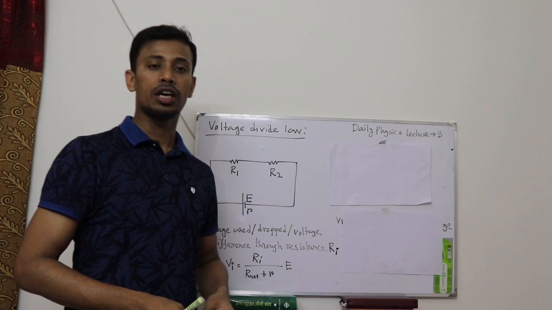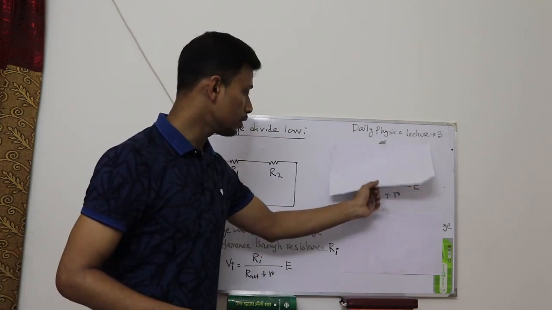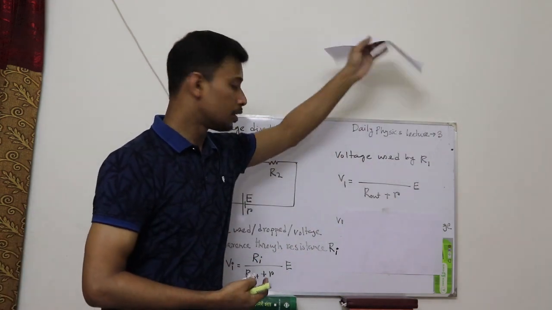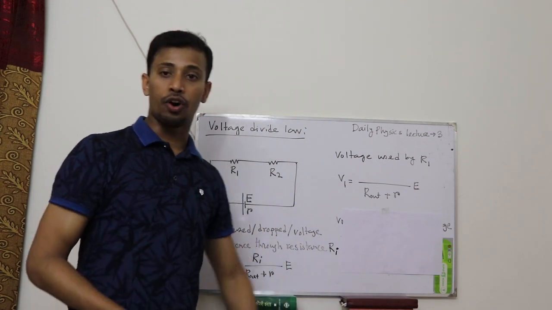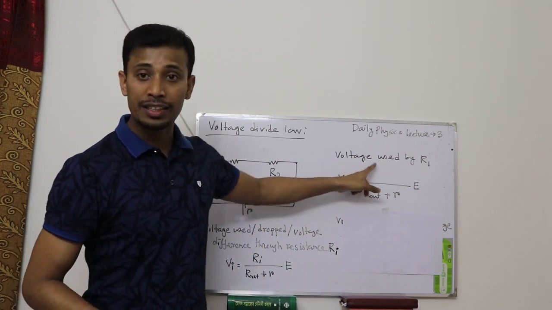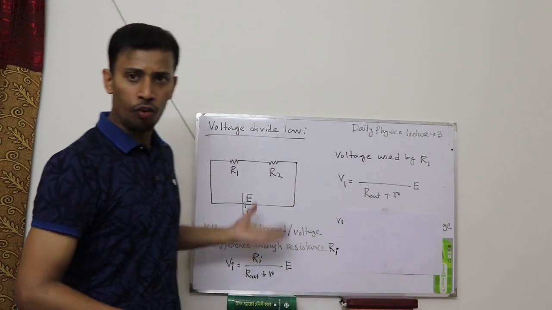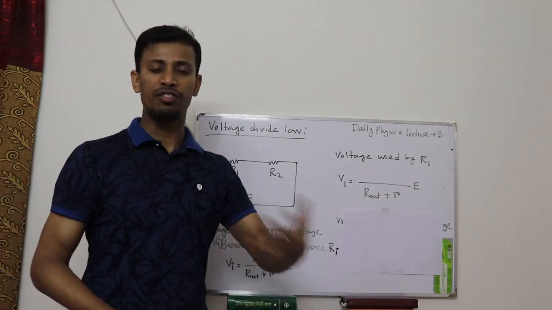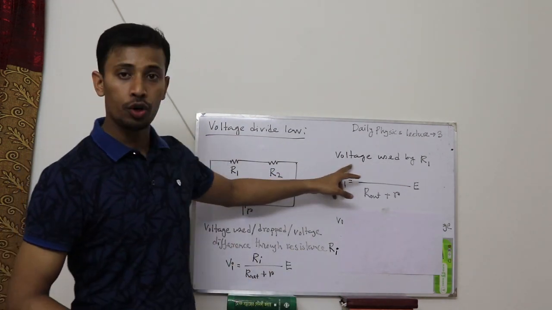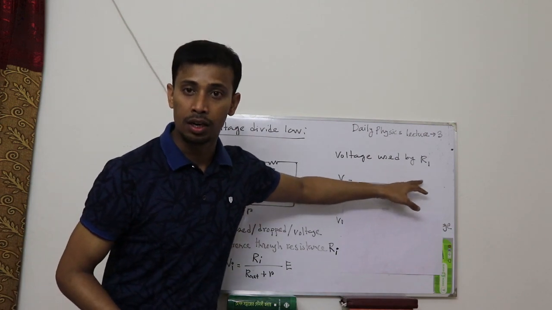Let's discuss an example. Suppose for this circuit, the question asks for the voltage used by R1. Obviously the question will give you some value for R1, but here it is the voltage used by R1, suppose V1.